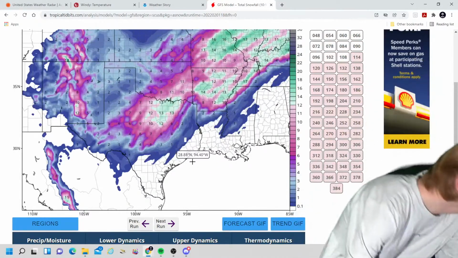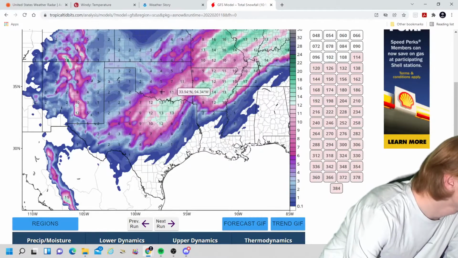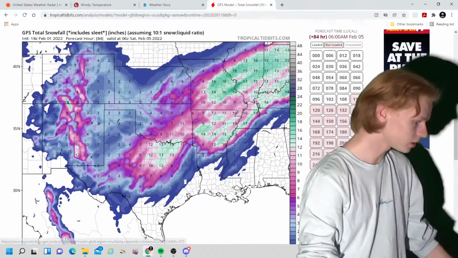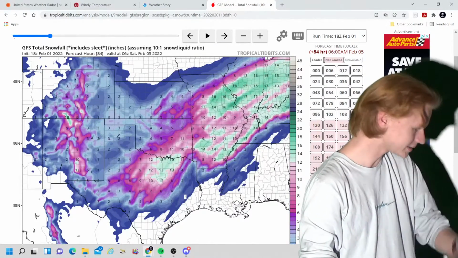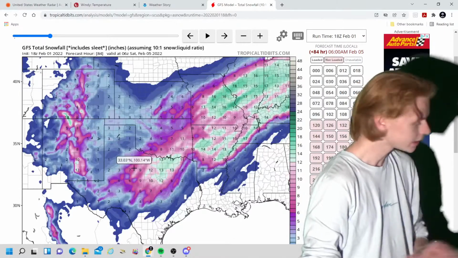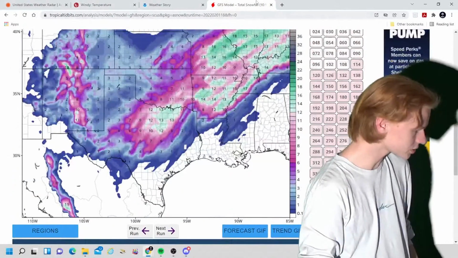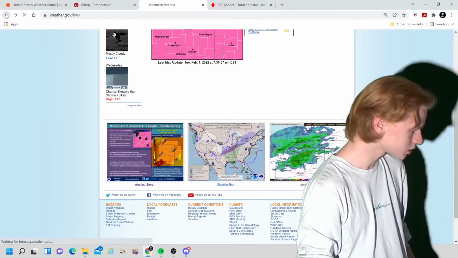Oh, that gets close. Up to 13, 15 inches of snow in north central Texas. But you really look out here, 17 inches, 16 inches, 18 inches, probably 20 inches in pockets out there.